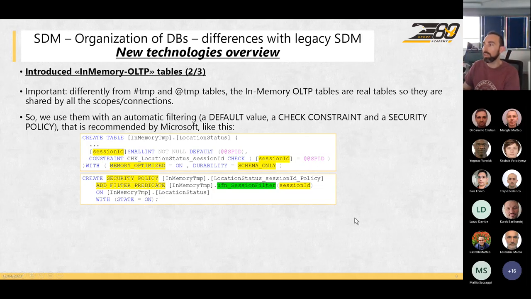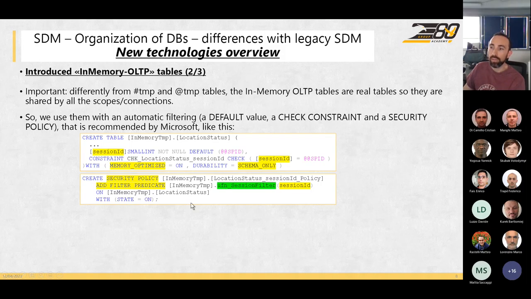So if two connections, maybe two procedures of SDM, write in one table, like the location status table, different data, all the rows will be there. But the one from SPID 1 will have the session ID column with that value, while the others will have that column with a different value.